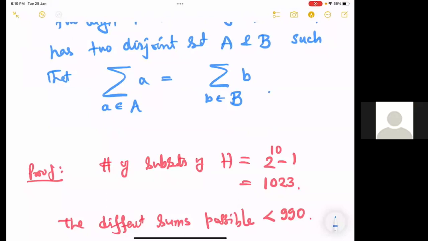Perhaps not. Or a weaker statement: does there exist an H such that this is satisfied, that is, A union B equals H and all these conditions on A and B? You can check it offline.